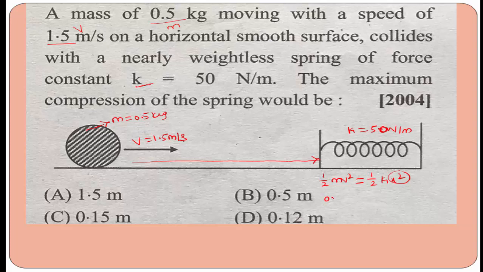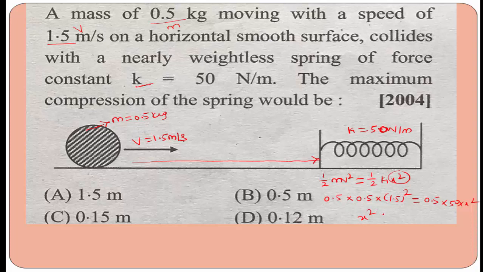Here 1 by 2, that is 0.5, into m, that is also 0.5, into v square, v is 1.5 whole square, is equal to 1 by 2, that is 0.5, into k value 50 into x square.